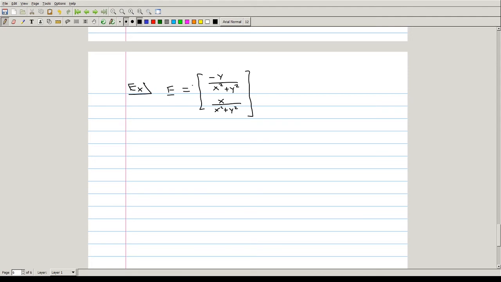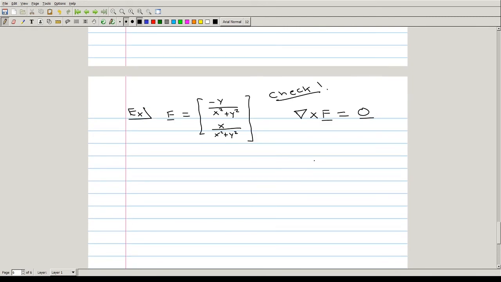One of our main things to look at here is the curl of the vector field f, and sure enough, if you take the curl of this vector field, you're going to get that it's equal to 0. It's always important to look at the curl and the divergence of a given vector field. You want to go through and check this calculation right here. I'm not going to do it, but it is similar to some of the homework problems.